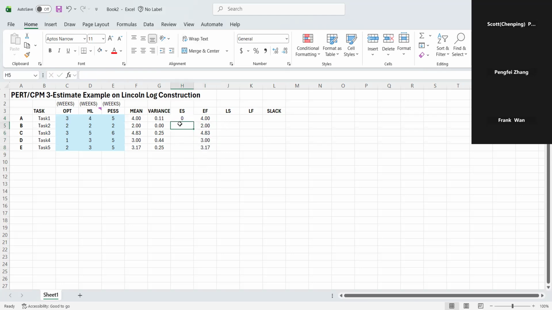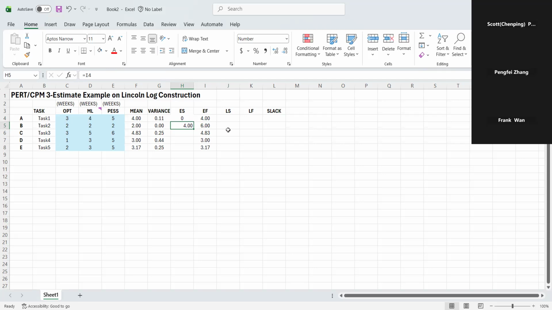And then the second one, B is right after A. So the early start time of B is earliest finish time of A. When you enter this one, this number will change automatically.